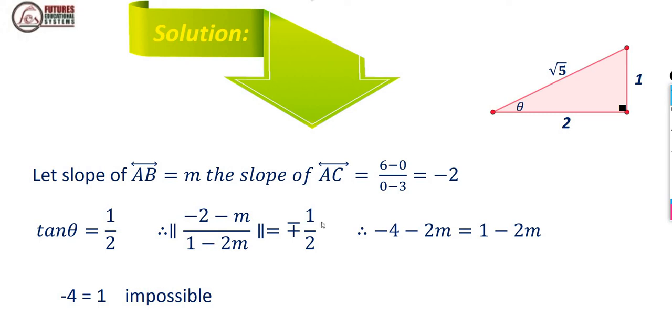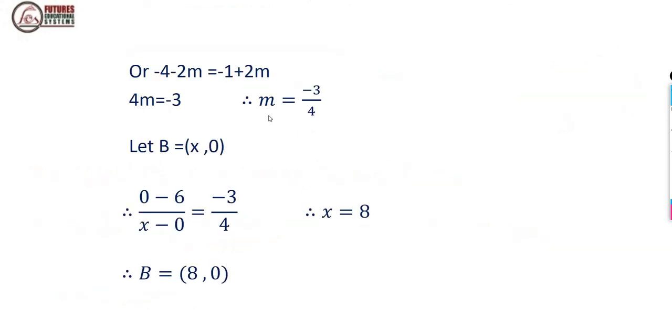With cross multiplication, when we use negative half, the result is impossible. We have to use positive half in the rule. With cross multiplication, we get x equals 8. Therefore, the point B equals (8, 0).